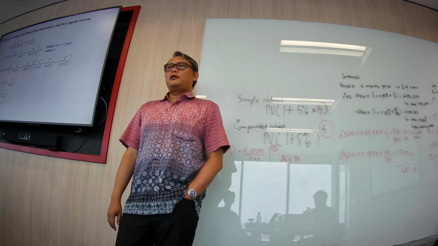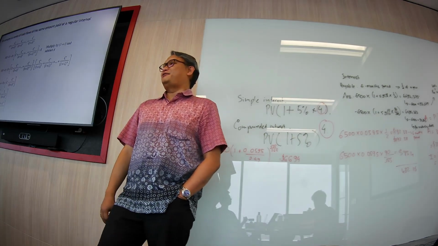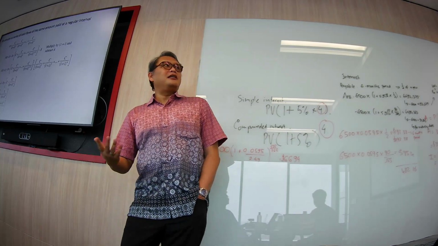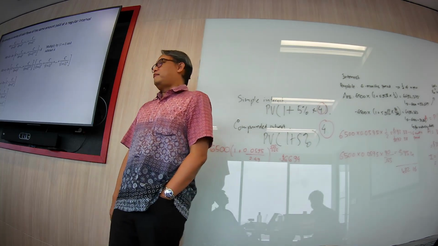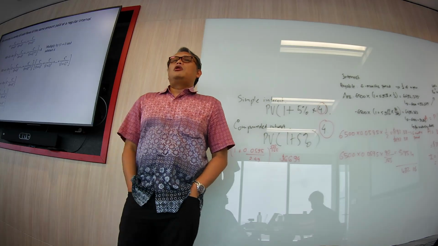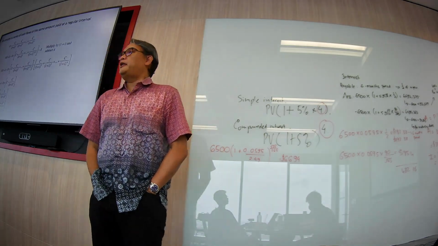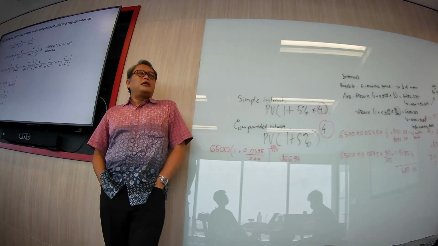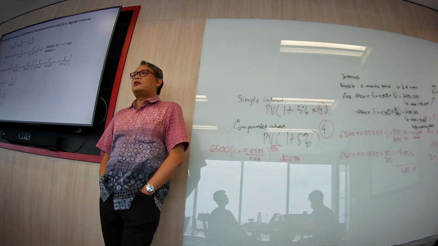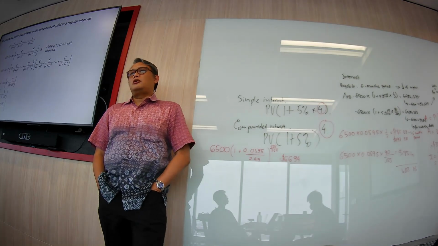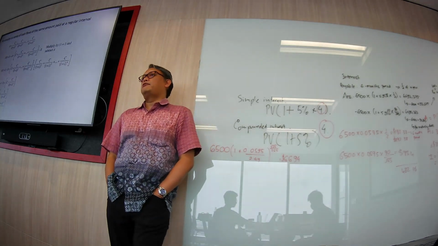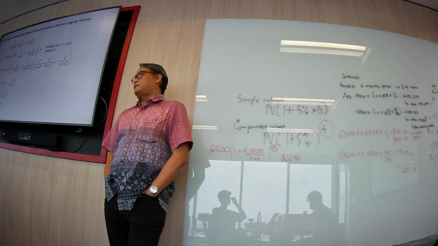I don't know if you want to retire at 40 or 35. Or say you want to go to Australia 5 or 10 years from now, and you need at least 60,000 Australian dollars a year. Then how much money do you have to save up over 5 years from now?